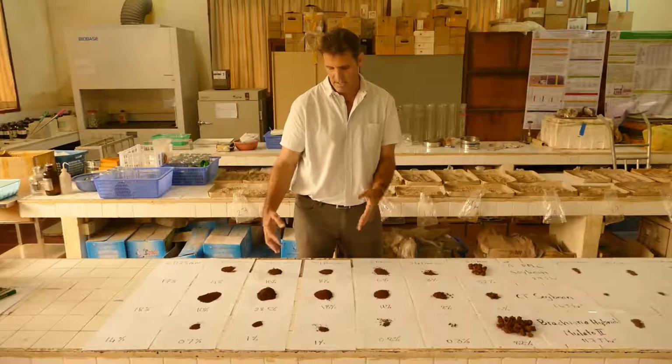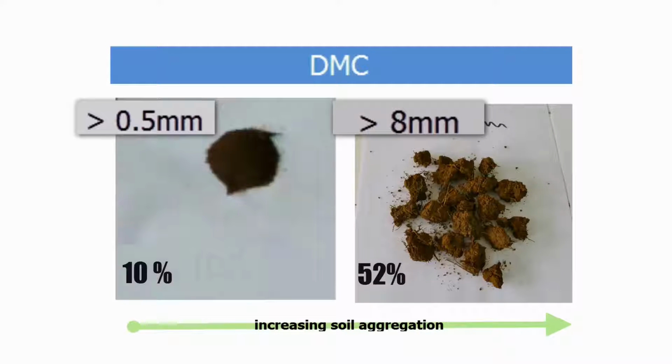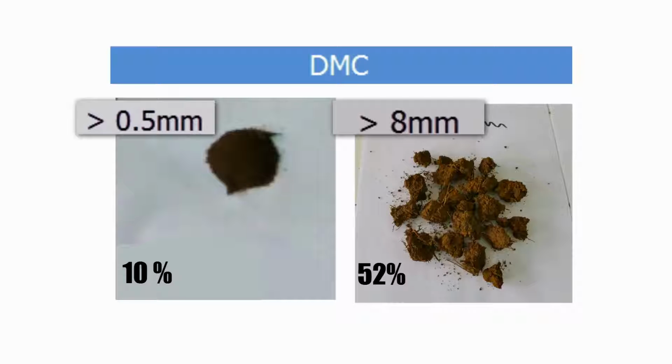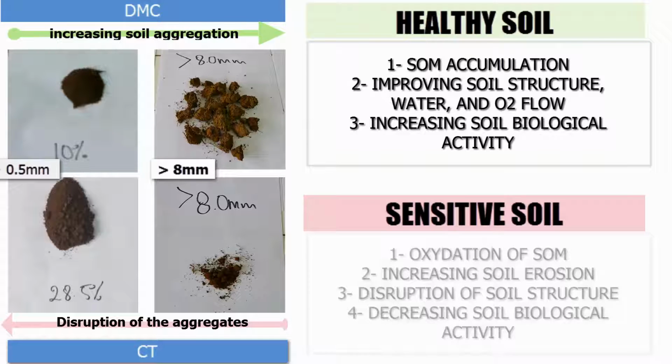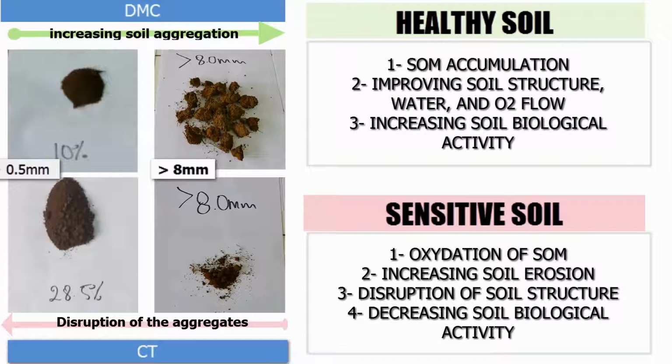At the same time, as we have much more macro aggregates and the soil is not disrupted by the plow every year, we will protect much more the fresh organic compounds that will go into the system, and the labile organic compounds. So it's one of the main advantages that we have under DMC. Obviously, we improve the soil physical properties, the water infiltration, the water retention, but also the protection of the soil organic matter, and so the accumulation of the soil organic carbon.